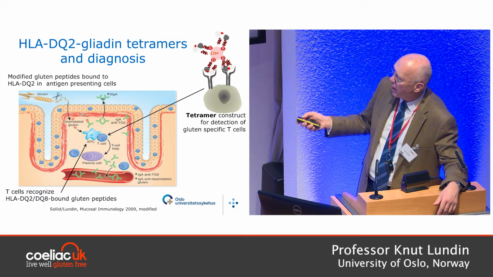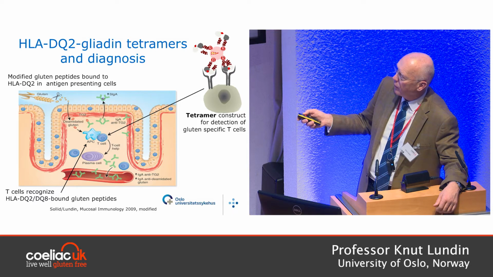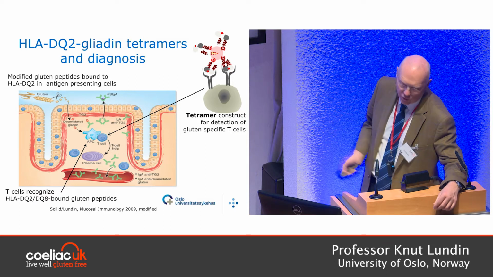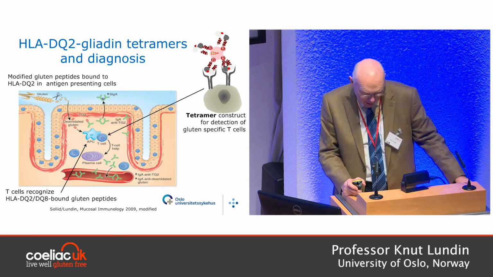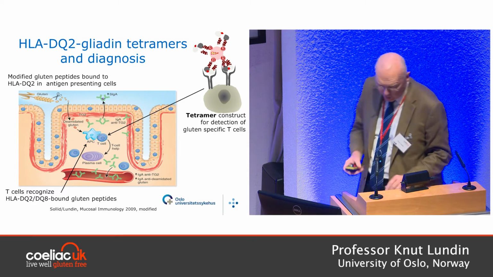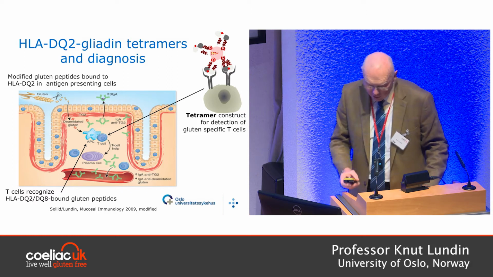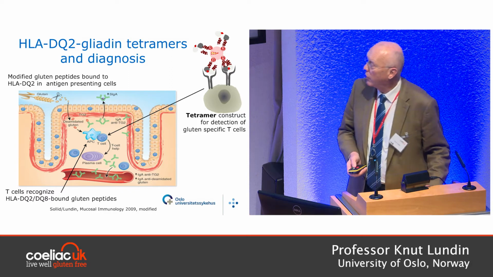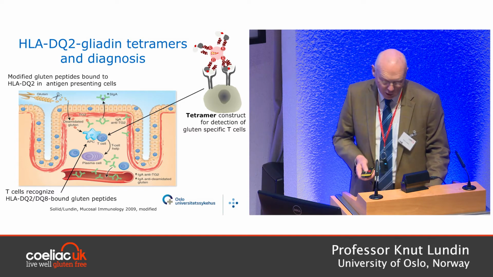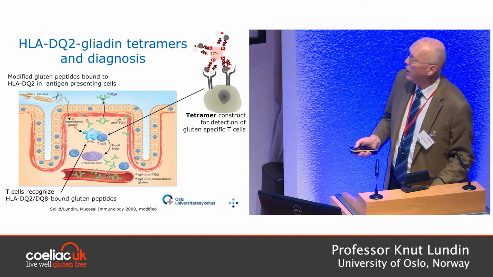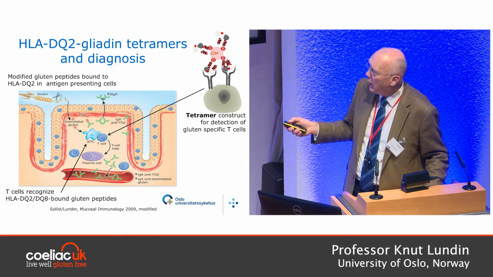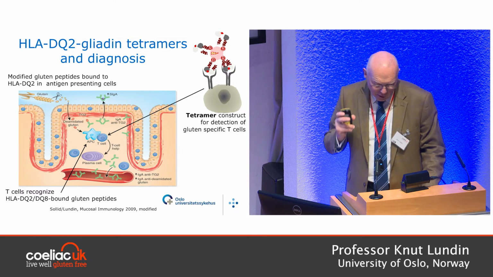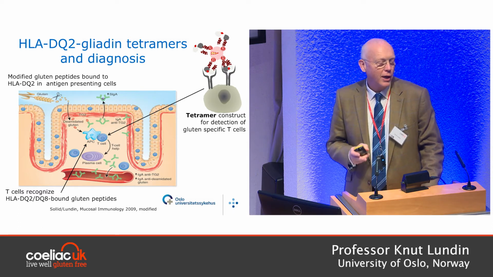This is presented by antigen presenting cells within the lamina propria, and I also had the pleasure of showing gluten-specific T cells, which was reported early in the 1990s, and with which several other groups have been working, not least the Dutch group of Frits Koning, but also here in the UK, Professor Ciclitira. Several have done the same things, showing that this is in fact the single difference between a celiac and a non-celiac.